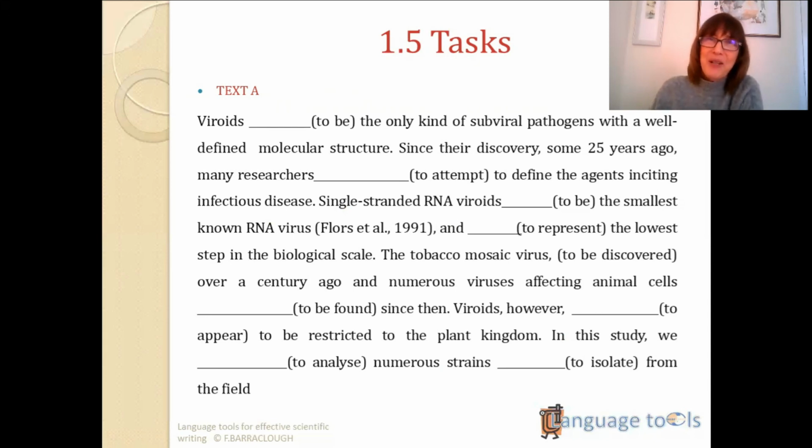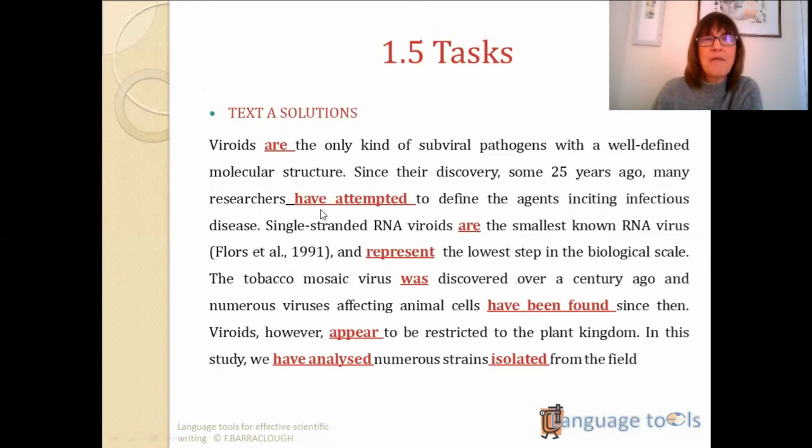Okay, so let's have a look at what you have done. And here we have viroids are the only kind of subviral pathogens with a well-defined molecular structure. Since their discovery some 25 years ago, many researchers have attempted to define the agents inciting infectious disease. Single-stranded RNA viroids are the smallest known RNA virus and represent the lowest step in the biological scale.